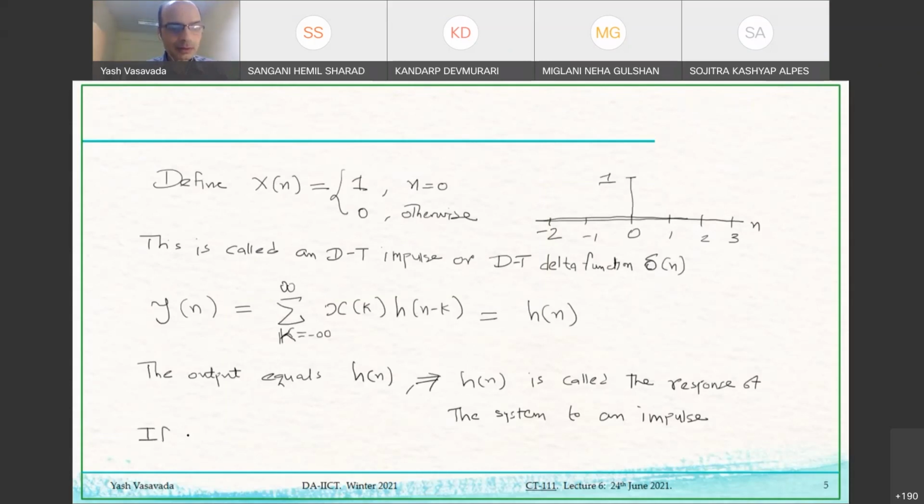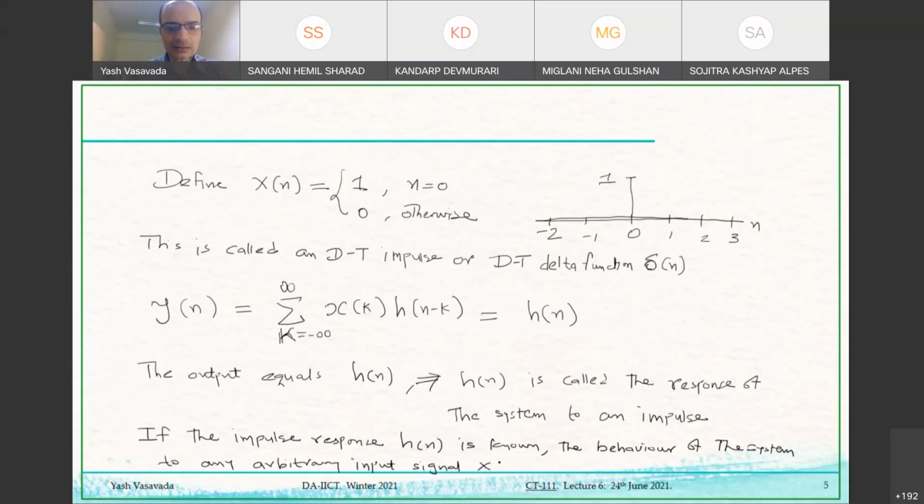If the impulse response is known, the behavior of this system to any arbitrary input signal x of n can be determined using the convolution formula. Right?